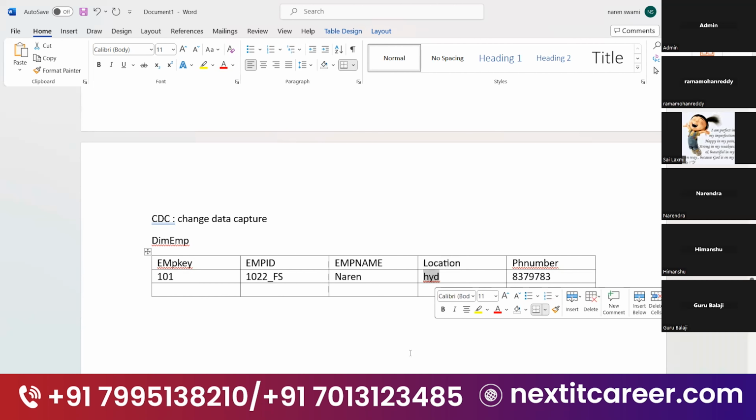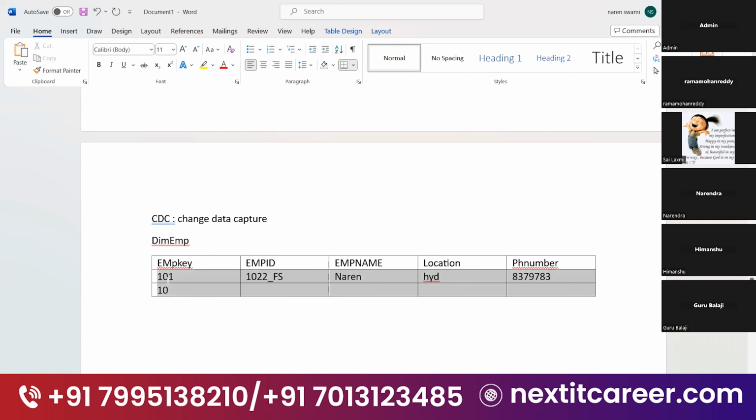So this data should be updated, or we have to maintain the same data as another record, where the location will be Bangalore. But by looking at this, which one is the current one?